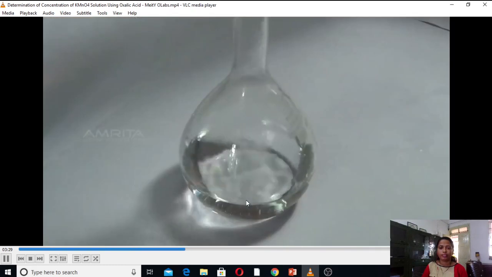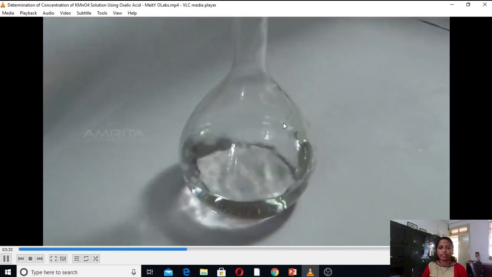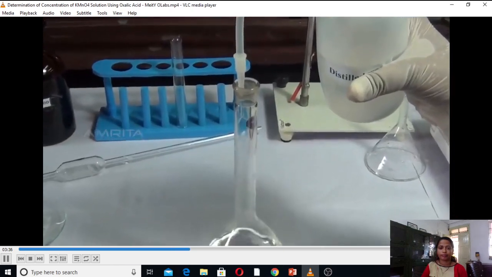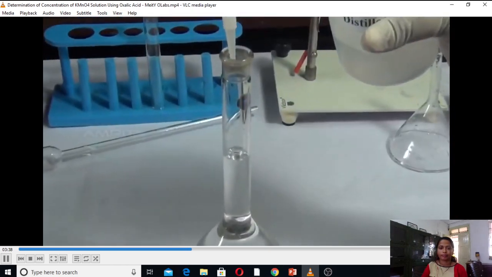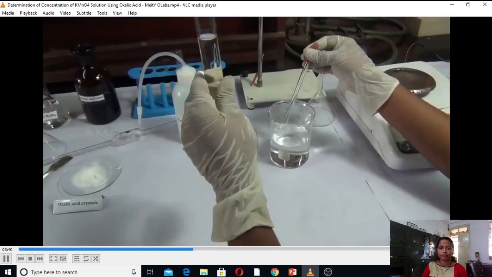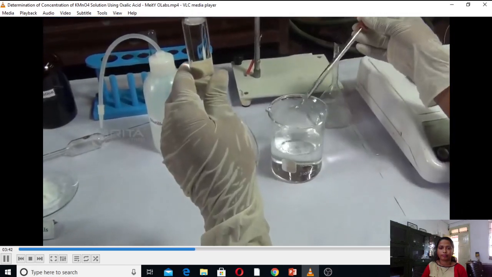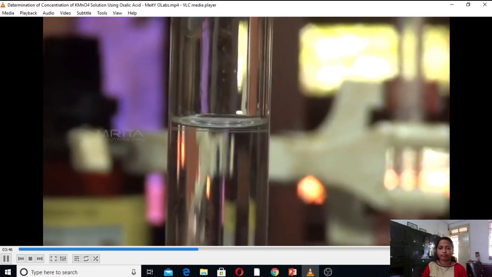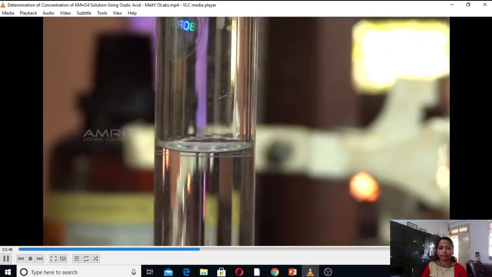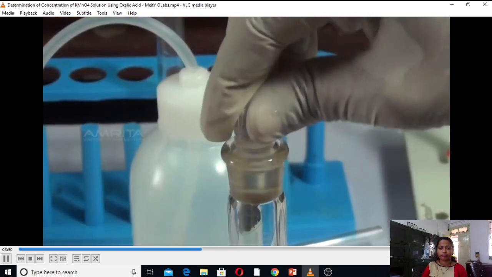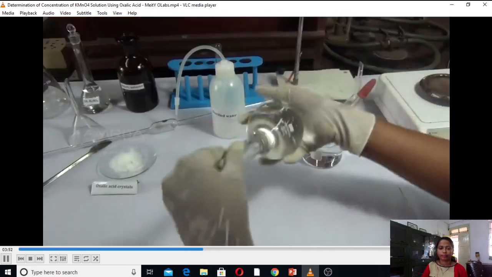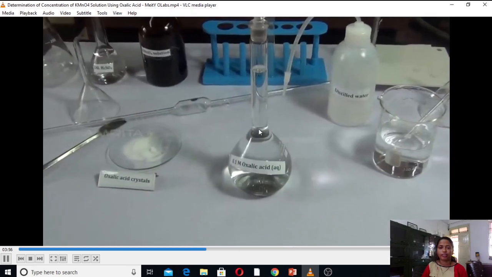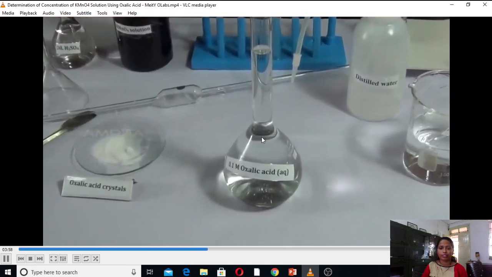Fill the water till the mark of the standard flask. Shake well for uniform concentration.